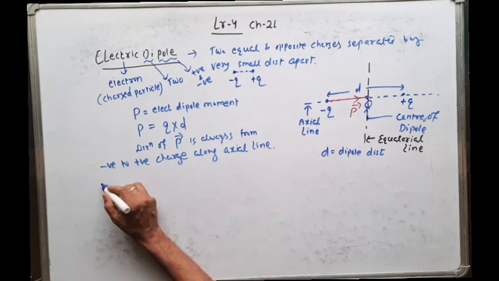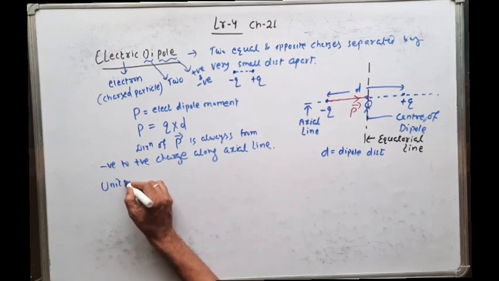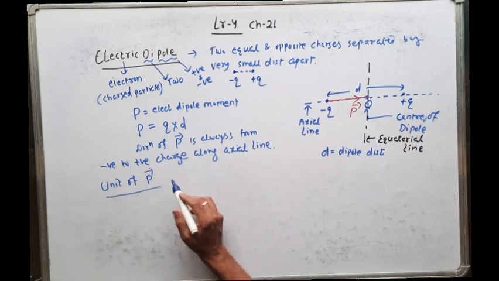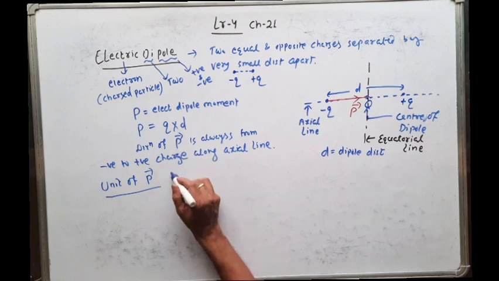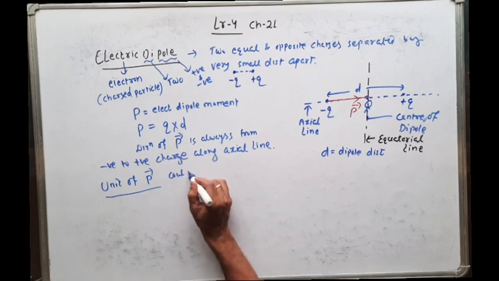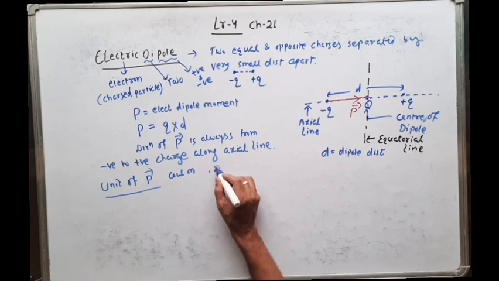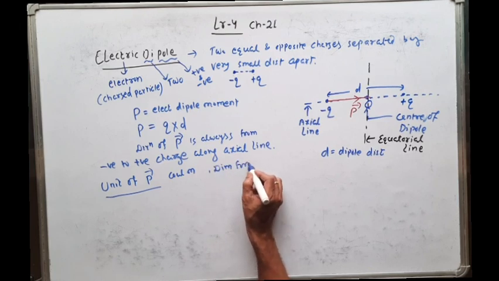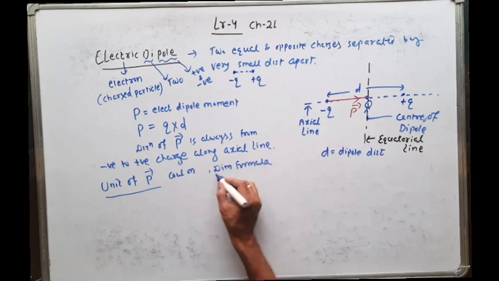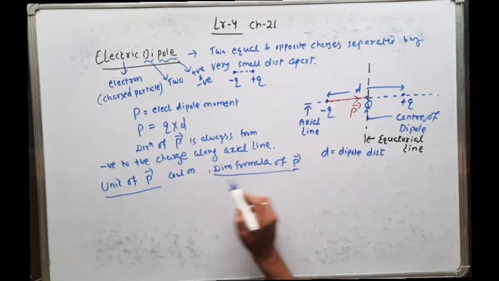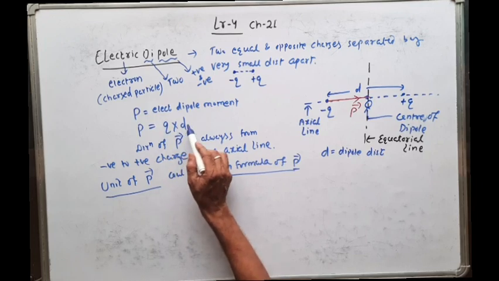Then what is the unit of dipole moment? Charge into distance, that is coulomb meter. Then what is the dimensional formula of dipole moment? It is charge into distance.